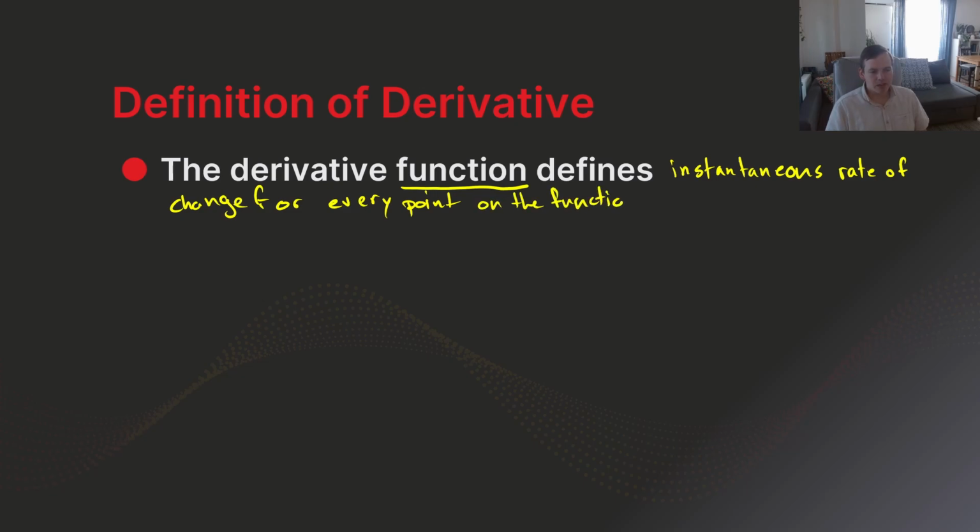I could just calculate the derivative at an individual point and say, I've calculated it, here's what it is. Or I can get the derivative function, which will tell me, as a function itself, what is the rate of change at all the different points.